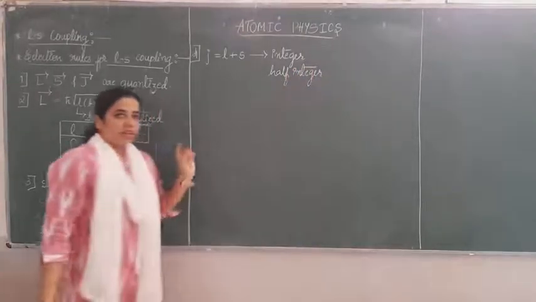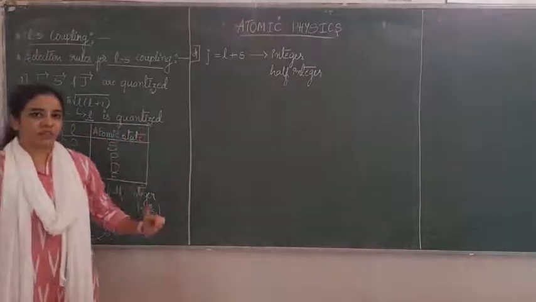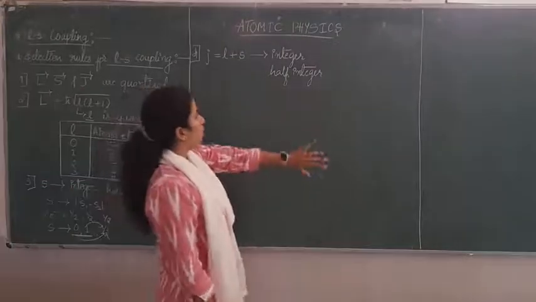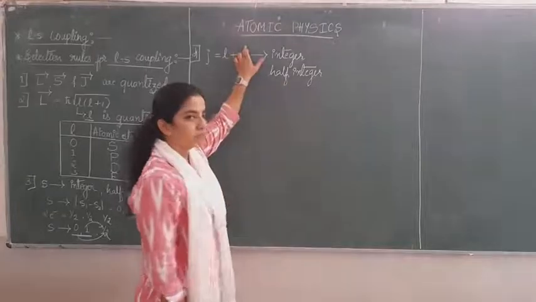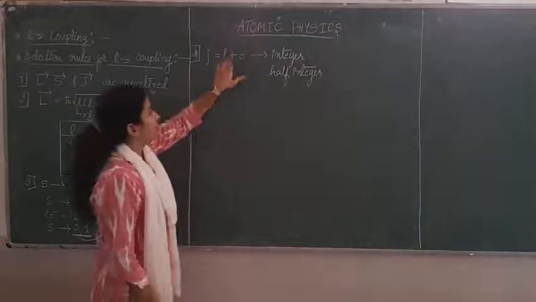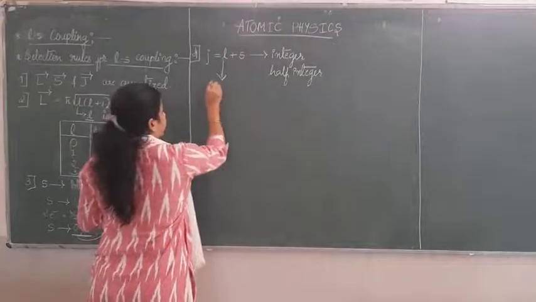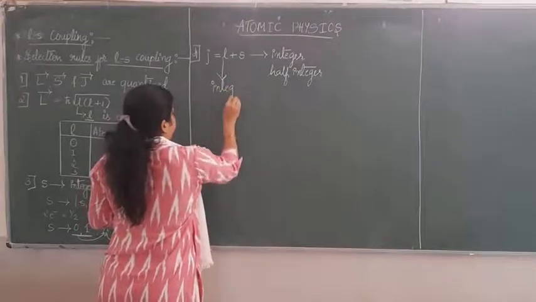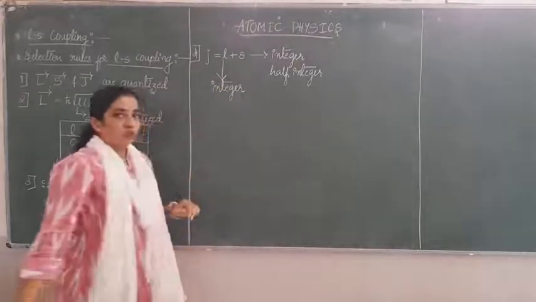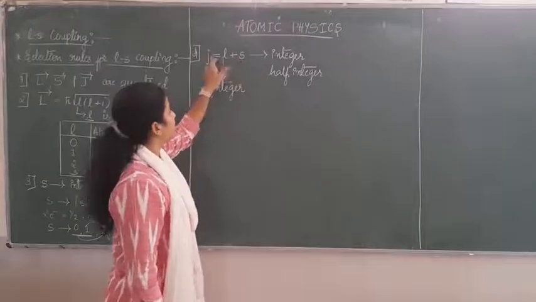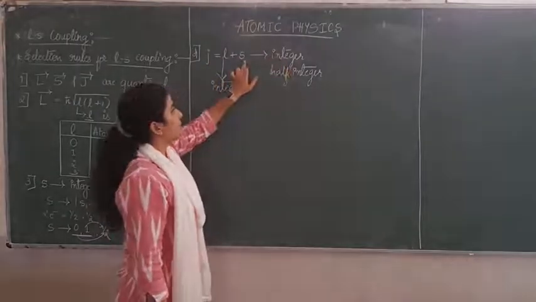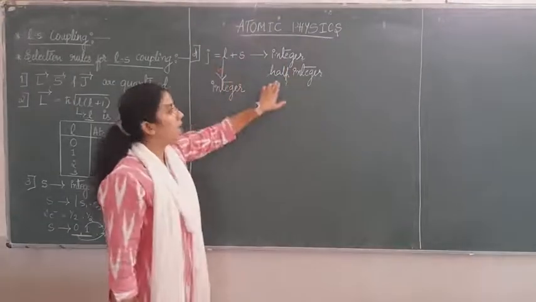It all depends on the value of S. Why only on the value of S? We all know that L is an integer. So if S is also an integer, J will be an integer. If S is a half integer, then J will be a half integer.